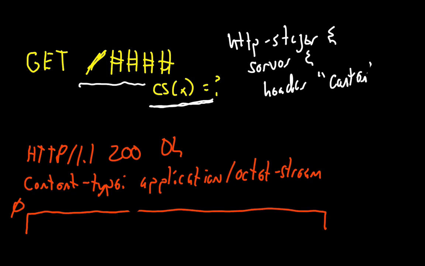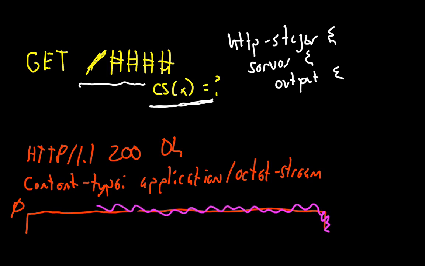The other thing I recommend is that you take advantage of the HTTP stager server output block to transform that output, which is this encoded beacon payload stage. Okay?